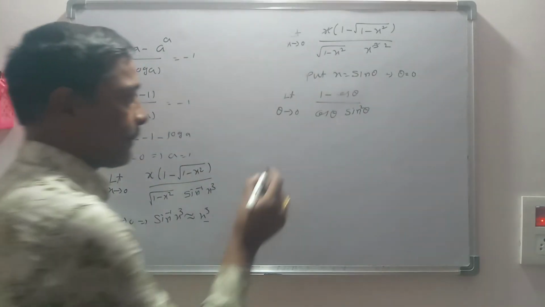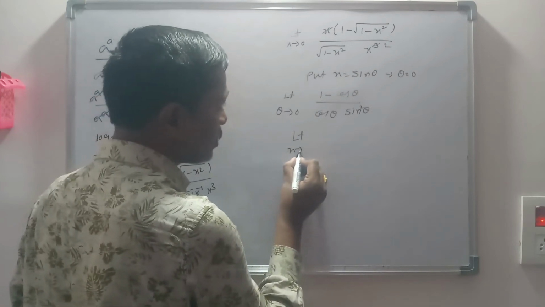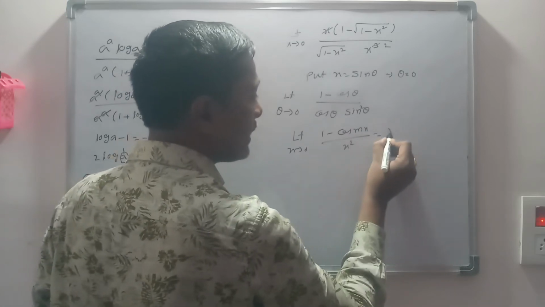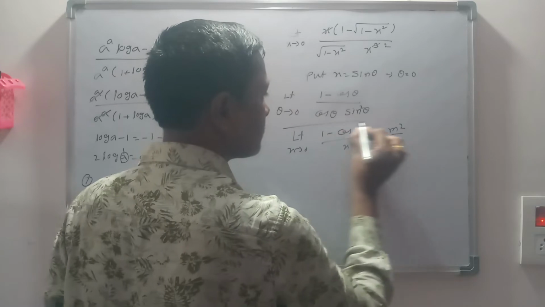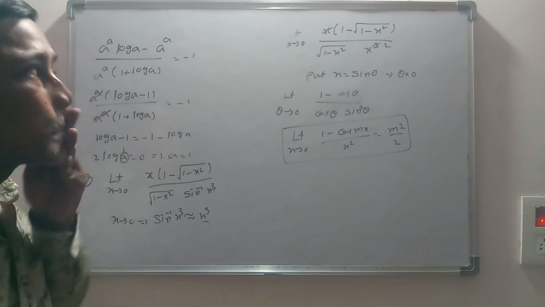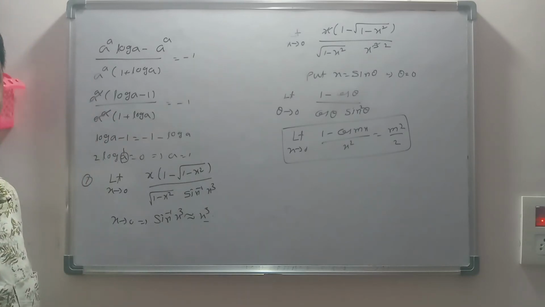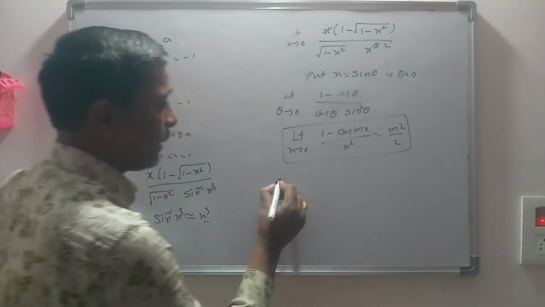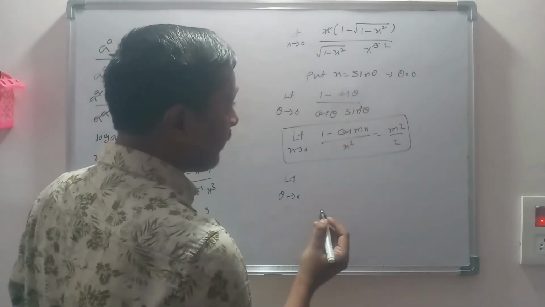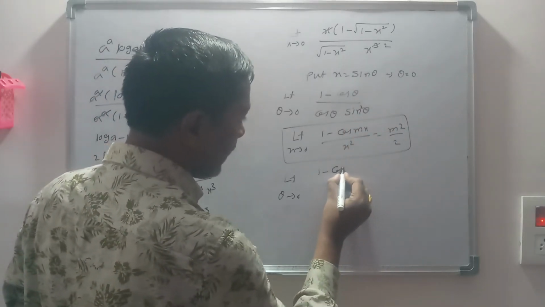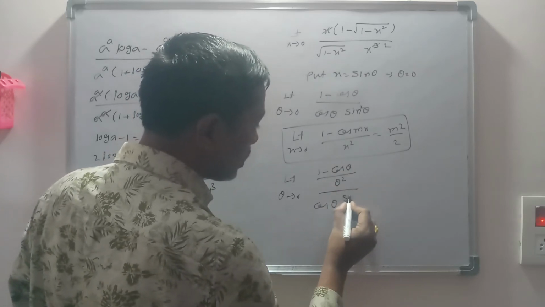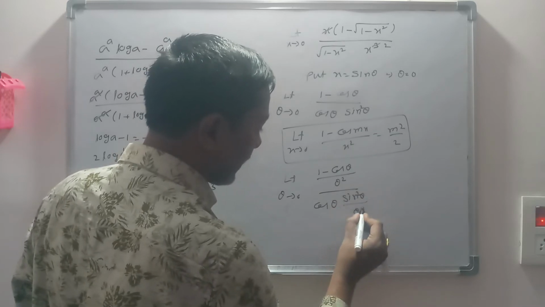One formula is there: limit x tends to 0, 1 minus cos mx by x square is equal to m square by 2. Limit theta tends to 0, numerator and denominator divide and multiply with theta square: 1 minus cos theta by theta square, by cos theta into sin square theta by theta square.